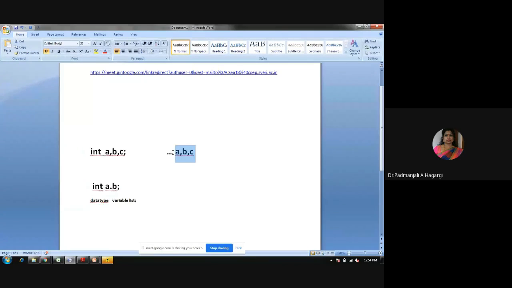That means these three operands are integer data types, not floating values. And these three operands are now listed into the memory location.